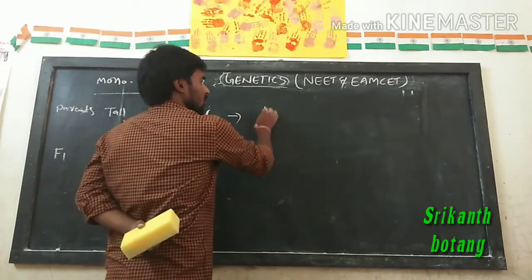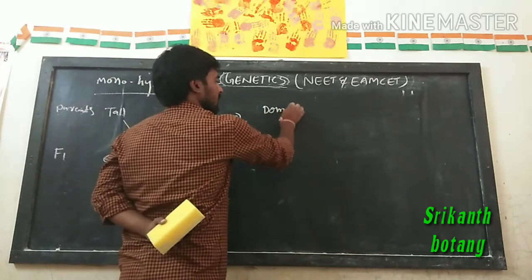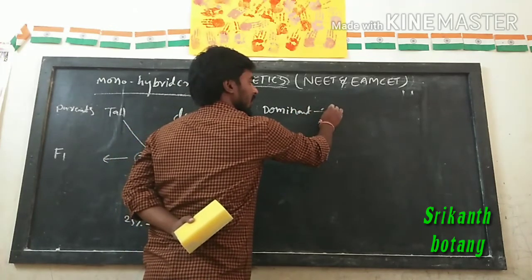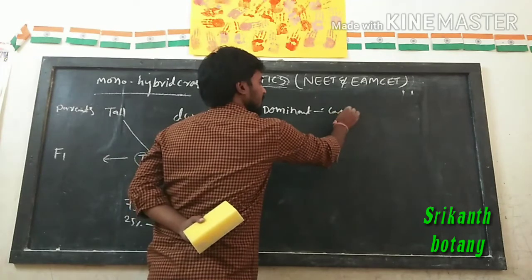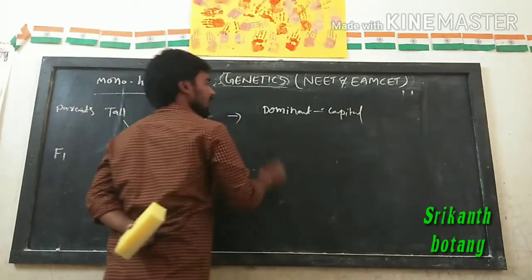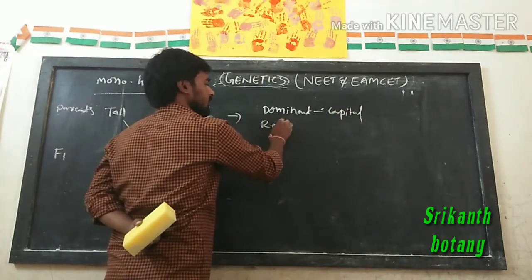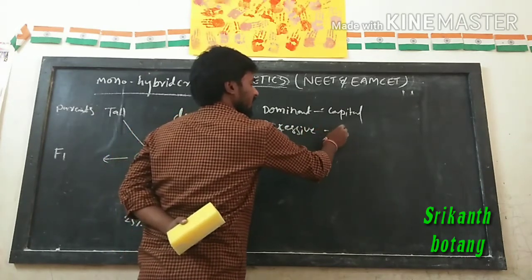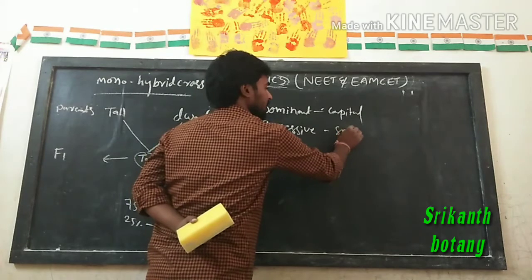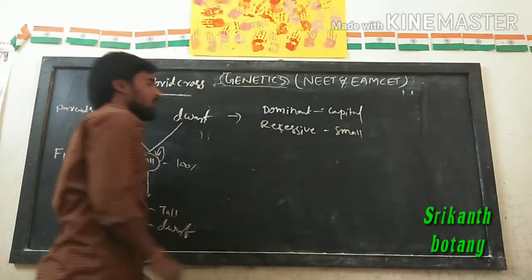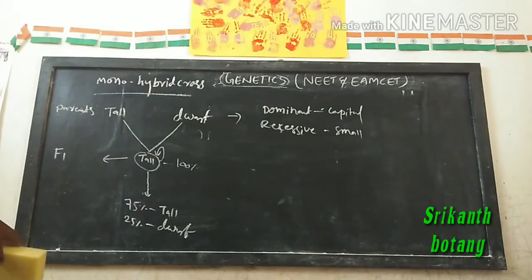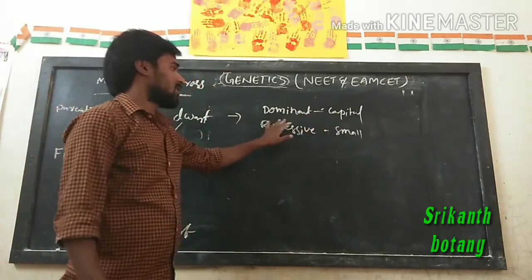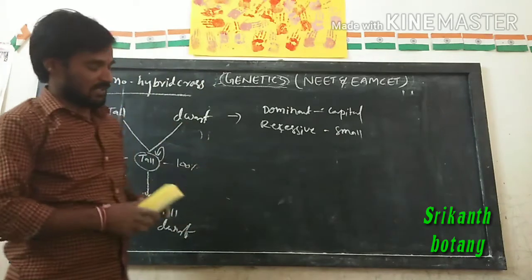The dominant character is given as a capital letter, and the recessive character is given as a small letter.